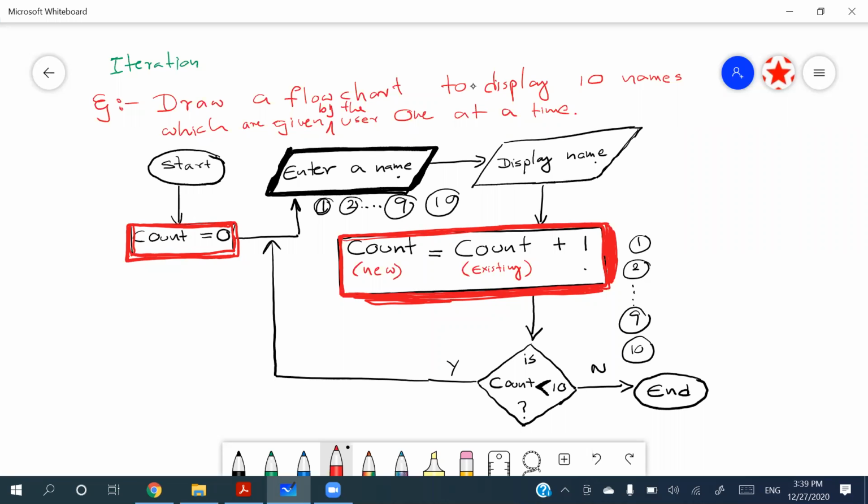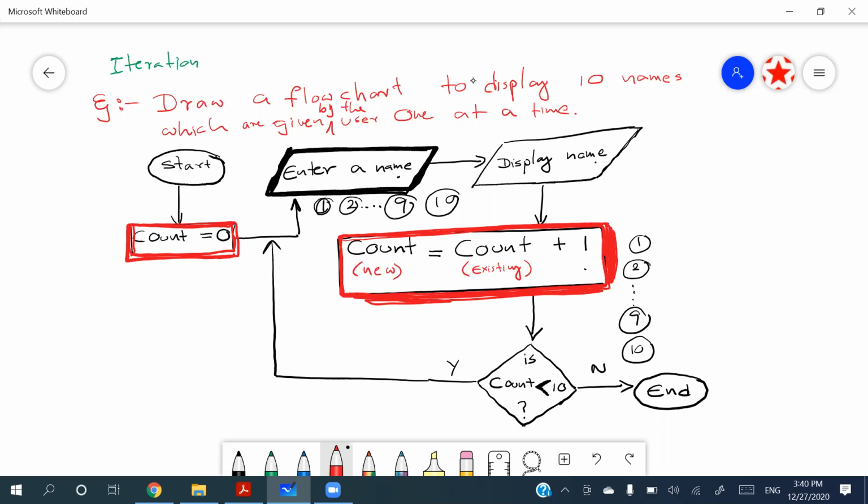The reason that we are iterating is because we need to take 10 names. So the decision to iterate or not is made by the count.